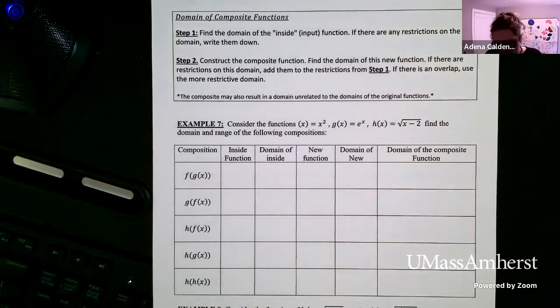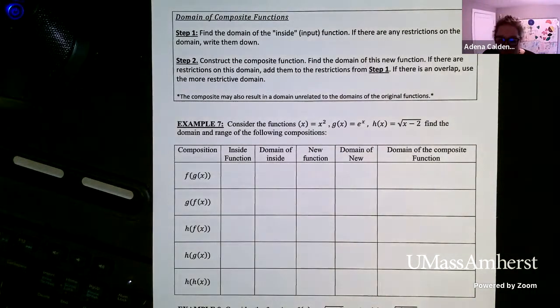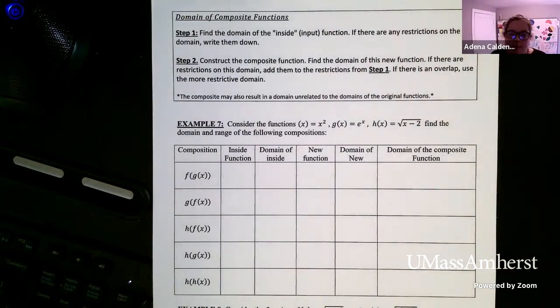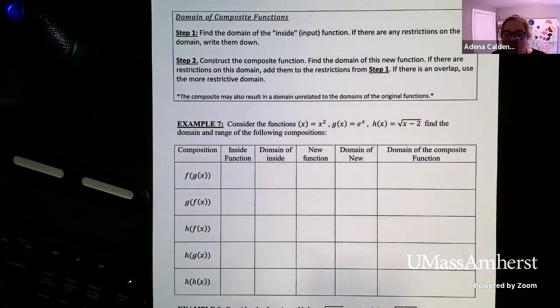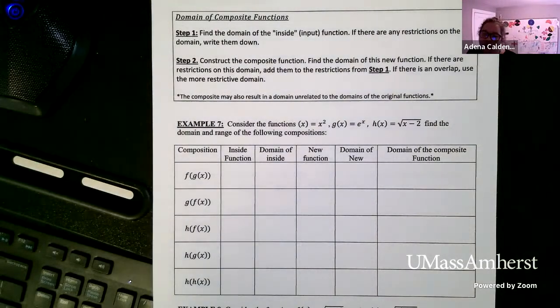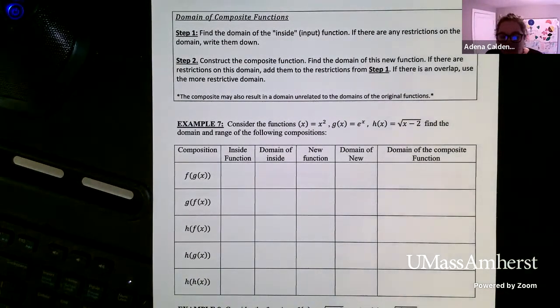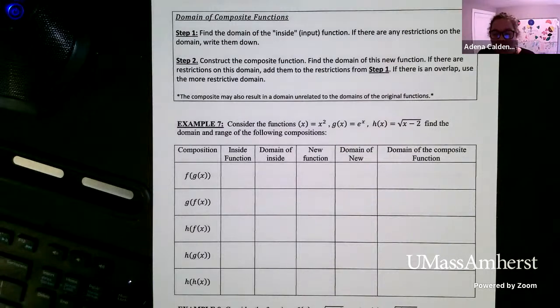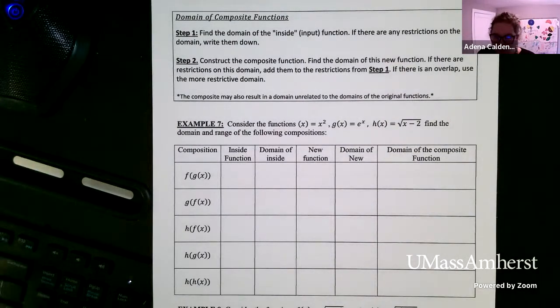So we know we don't want to divide by 0. We know we don't want to take the square root of a negative number, things like that. But when you have domains of composite functions, you have to consider the original functions as well as the composite functions, because in this context, we do know that we're composing them for a reason.